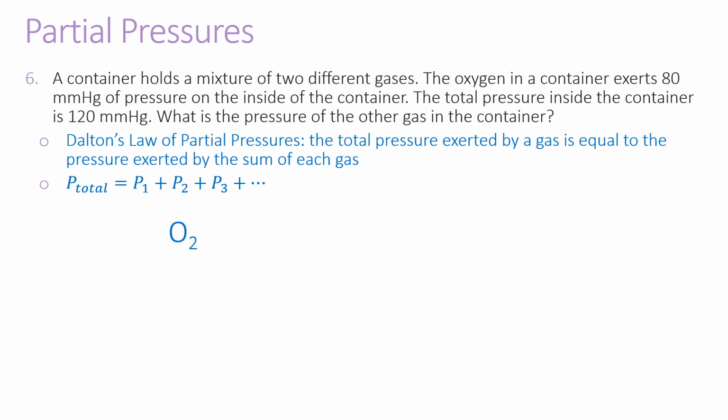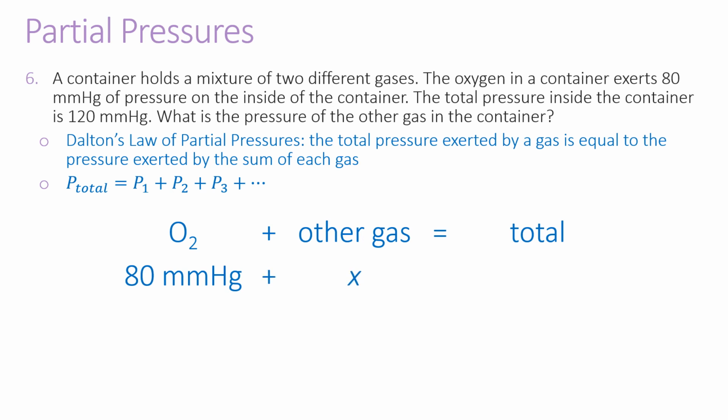So we've got oxygen and some other gas, and that would give us the total pressure. We know the pressure of oxygen is 80 millimeters of mercury. We don't know the pressure of the other gas, but we do know the total pressure. So here we're just solving for the partial pressure of the other gas. We get 40 millimeters of mercury.